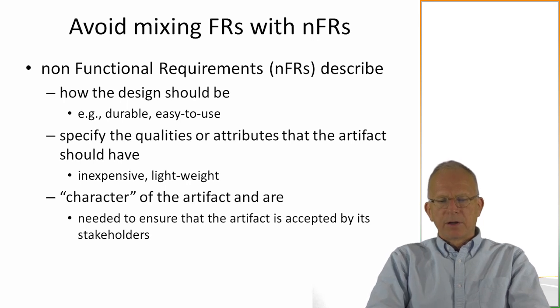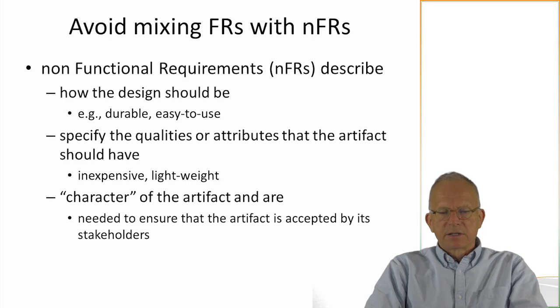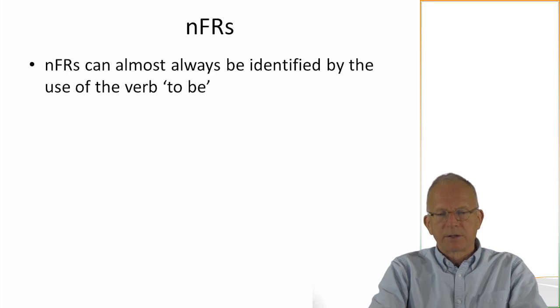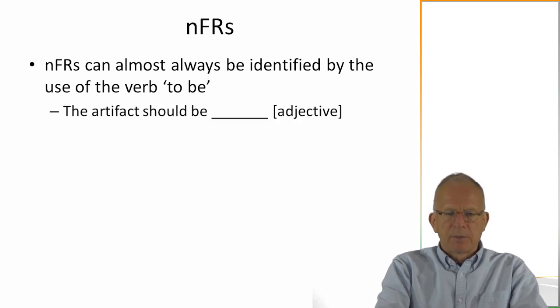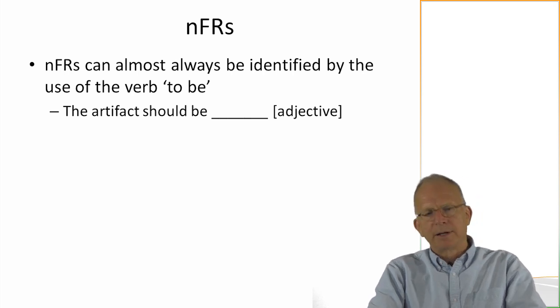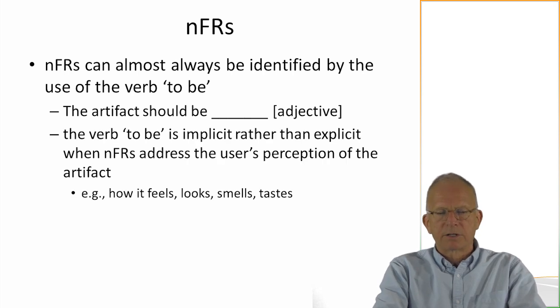The character of the artifact, these kinds of things, are needed to ensure that the artifact will be accepted by the stakeholders. Now, the NFRs can almost always be identified by the verb to be. The artifact should be, and then you can put the adjective in, shiny, light, frictionless, something like that, low friction.